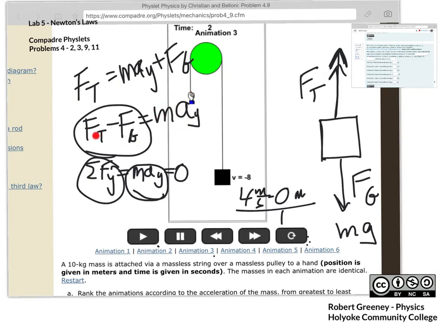And so you're going to be subtracting it from the Fg. And that makes sense because if it is accelerating down, then the up force can be smaller than the down force. In other words, there's a net force down that causes the down acceleration. That means the Ft has to be smaller than Fg. So you're not just doing the calculations, you're keeping the physics all in mind.